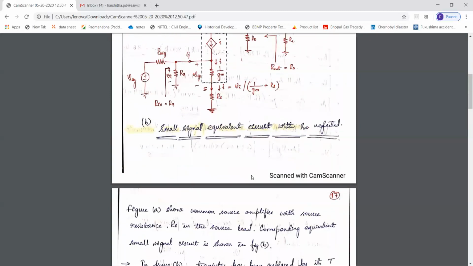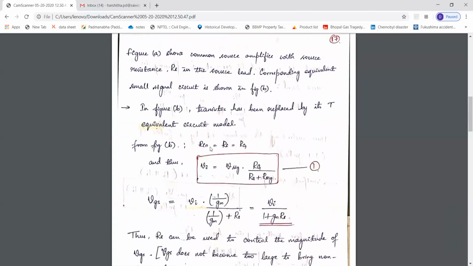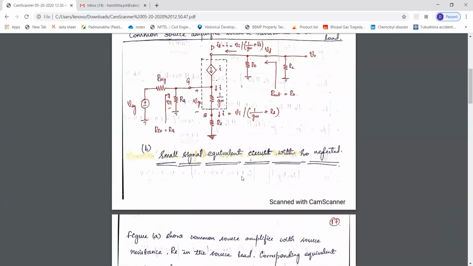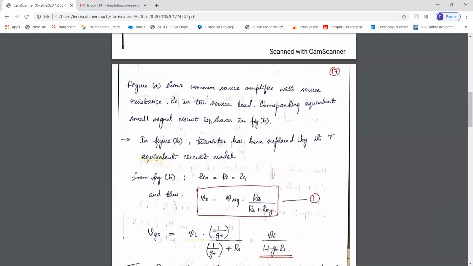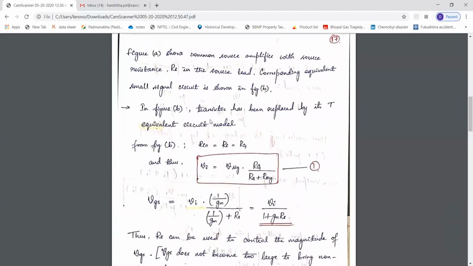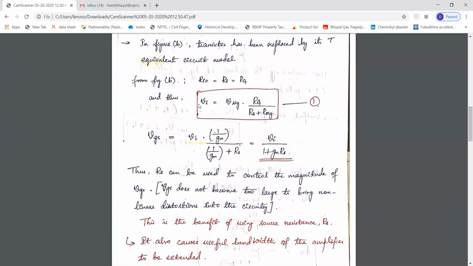Then Rin is equal to Ri, that is equal to RG, and Vi is equal to V signal into RG divided by R signal plus RG. Name this as equation 1. You will need it in future simplification and evaluation steps.